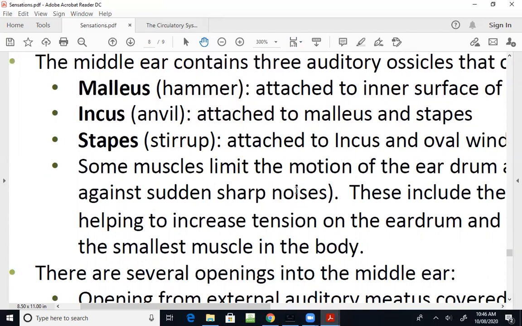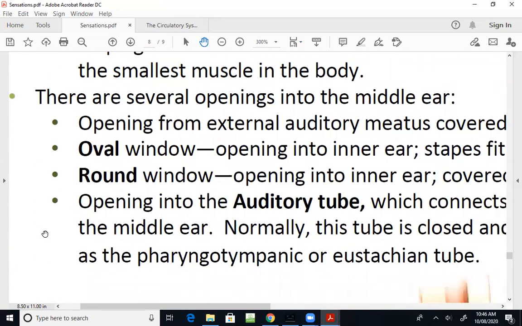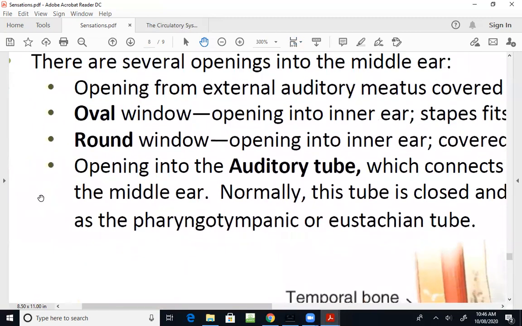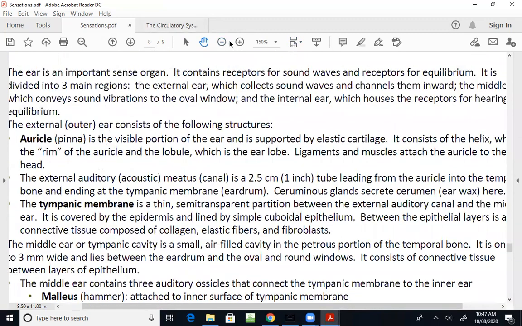Ears, very similar to eyes, a lot going on with them. And so we will discuss those things here for the next 2 slides. Okay.